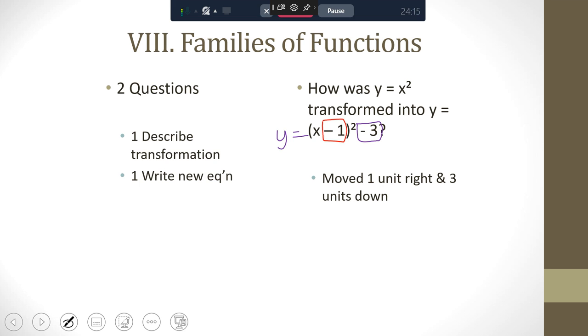And it's negative, so that means it's right. So we moved 1 unit right. Then we have a negative 3 on the outside. So that is the same thing as K, which is a vertical translation. Up is positive, down is negative. Well, this is a negative 3, so that means I'm moving down 3.